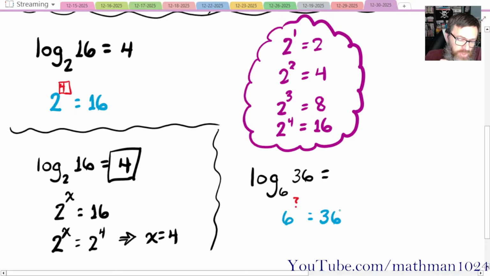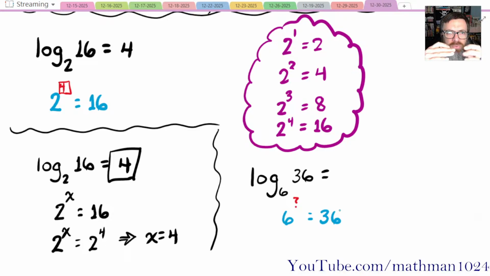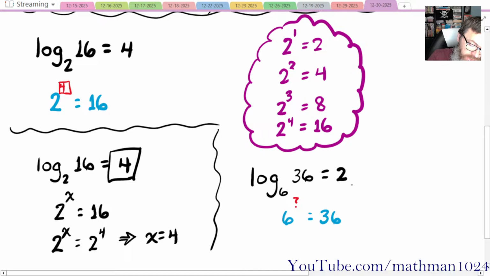Or something else you could do is that you could just take some of our key numbers, like 2, and just make a list of those subsequent powers. So we'd go 2, 4, 8, 16, and so on. All right, so what would you raise 6 to get 36? And the answer, of course, is going to be 2. Again, should be nice and easy.